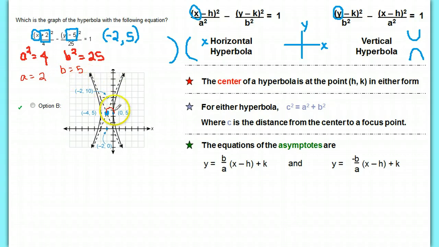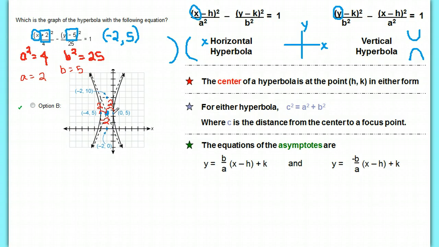So if we are going in the x direction, so from your center point either left or right, because, again, horizontal we think is the x direction, that means this distance is going to be 2, going either to the left or to the right from your center point. And that does match up because the x value of our center point is negative 2.